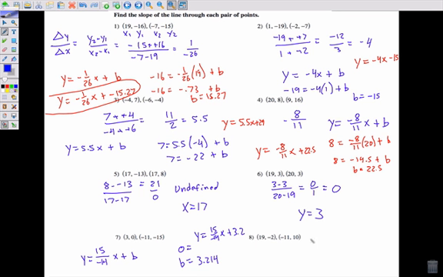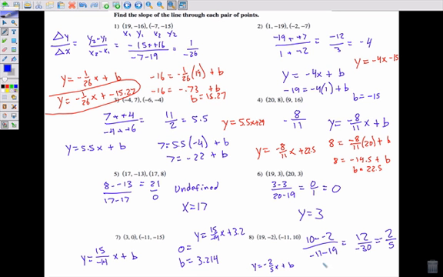And the last one, 10 minus negative 2 over negative 11 minus 19. This becomes 12. That becomes negative 30. We can simplify that fraction all the way down to negative 2/5. So our slope is negative 2/5 x.